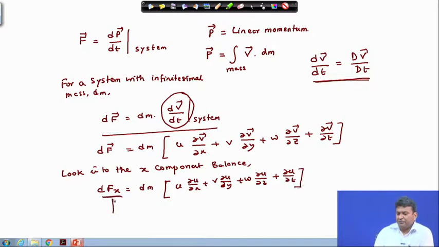Of course, at this point of time you need to worry about the forces acting in the x component, right.